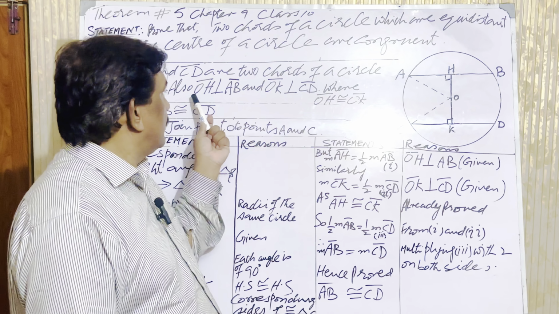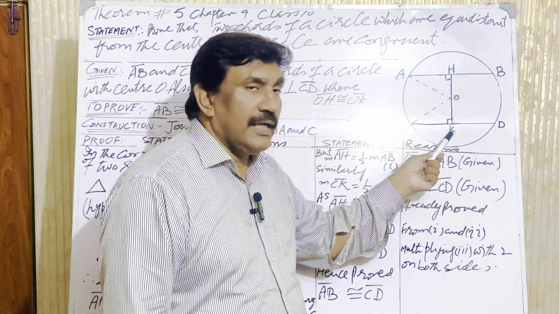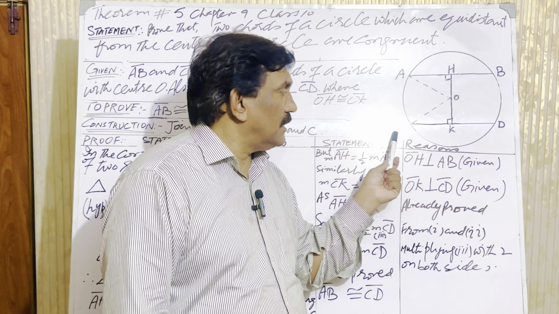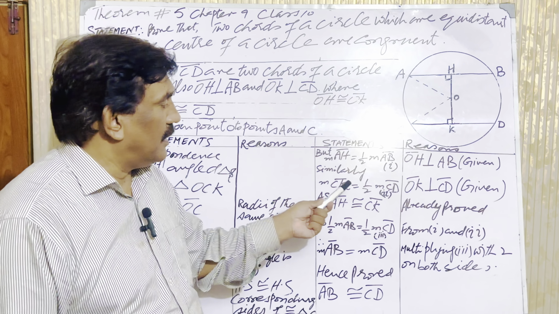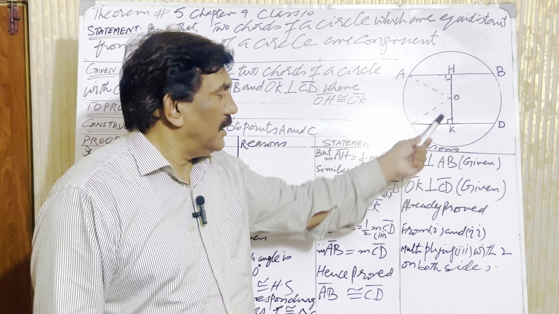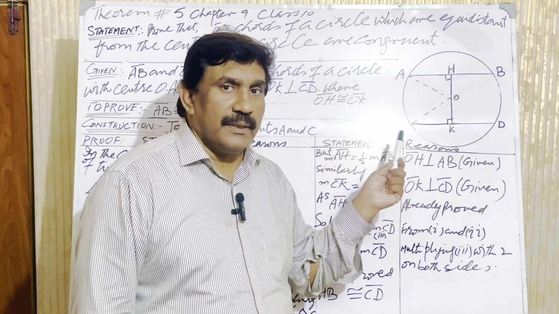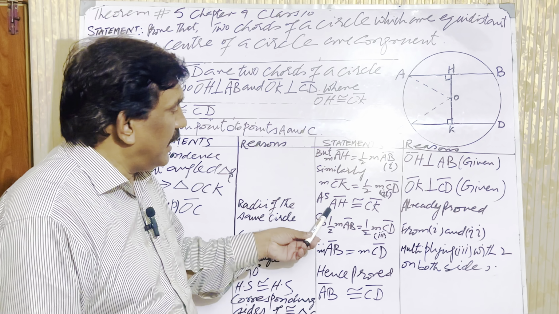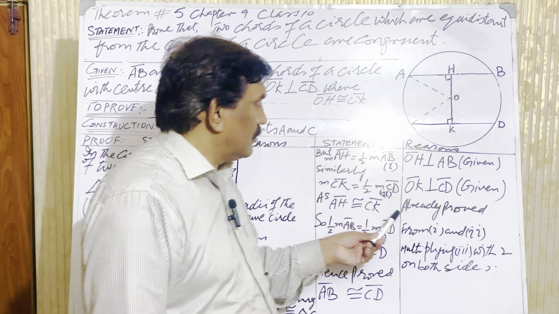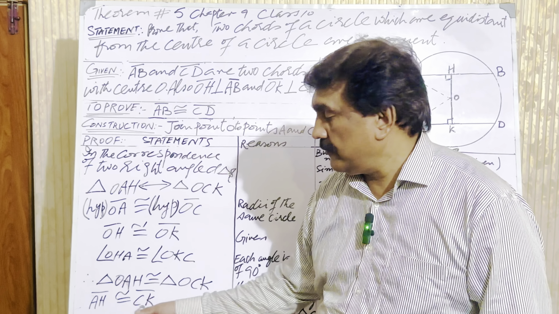Look at this. Similarly, OK is perpendicular to CD, so CK will be equal to half of CD, because OK is perpendicular to CD. This is theorem number 3, chapter number 9, class 10. Now, using that, AH is congruent to CK, already proved.